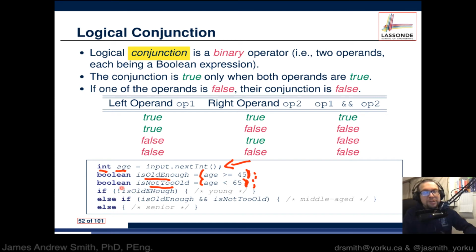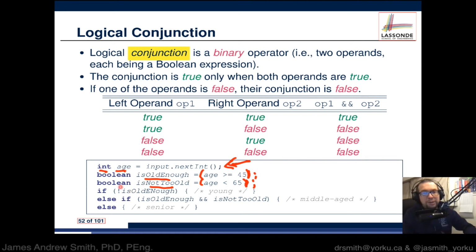All right, so what we have is a question. If not is old enough. So we entered 30 up here, and that would be 30, and then is not old enough, is not too old, would be true, and is old enough would be false.